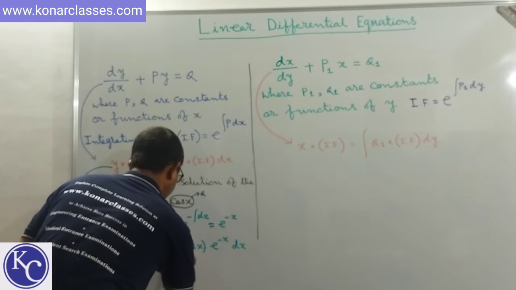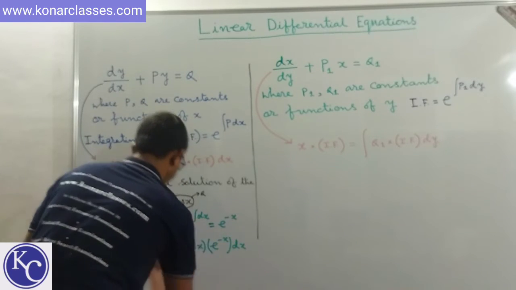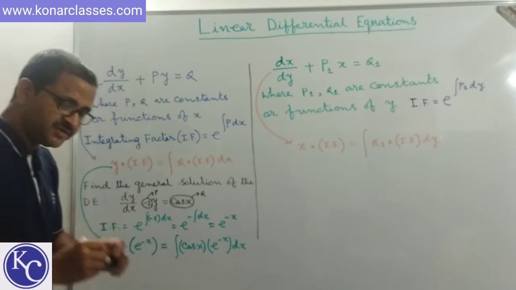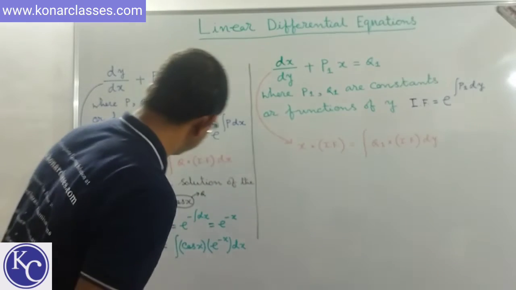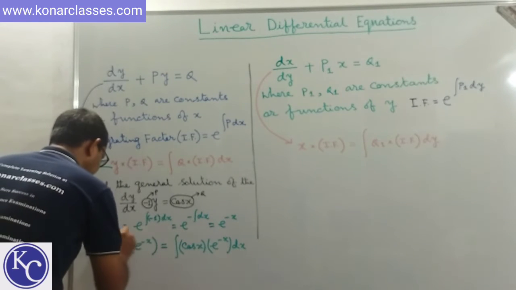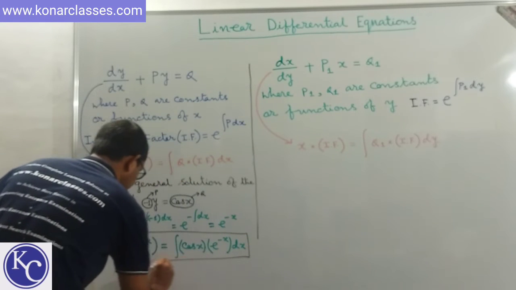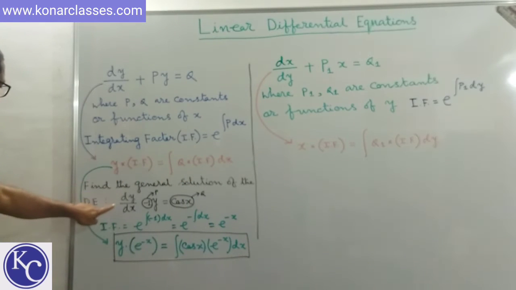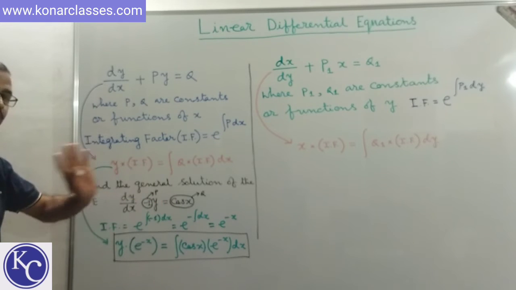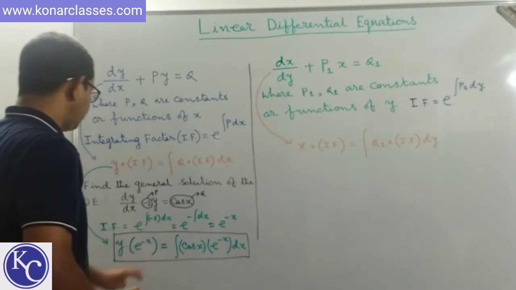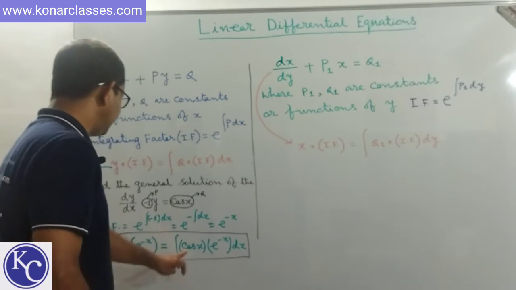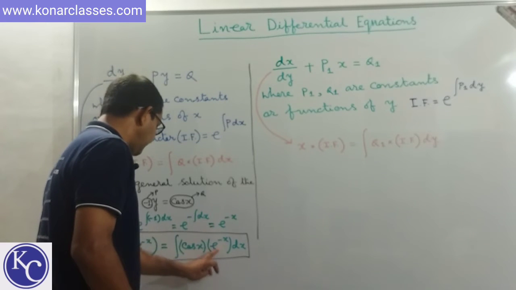Now all we need to do is perform the integration of the right hand side. So this is the solution to the given linear differential equation, dy/dx minus y equal to cos x. Now let's look at how to solve this integration of e power minus x cos x dx.